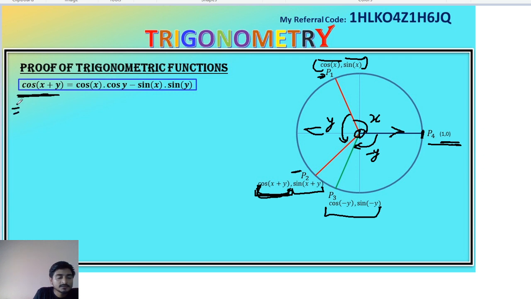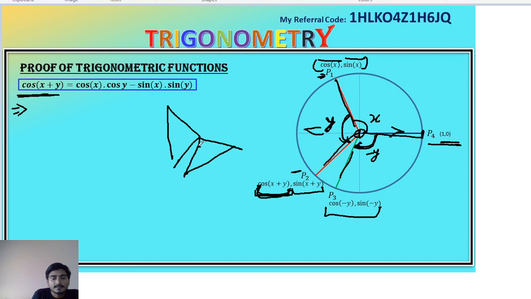For this we will start with some basic trigonometry, a basic geometry idea. If you see, this angle is y, and this angle is also the same but in minus y, so the measurement of the angle is still the same. Again this is equal to this, and this is equal to this length. So it is kind of a triangle in this way and another triangle in this way, where if this is y, this is also y.